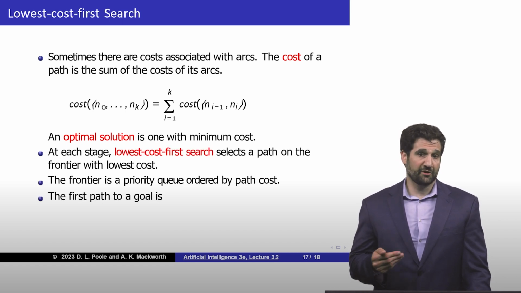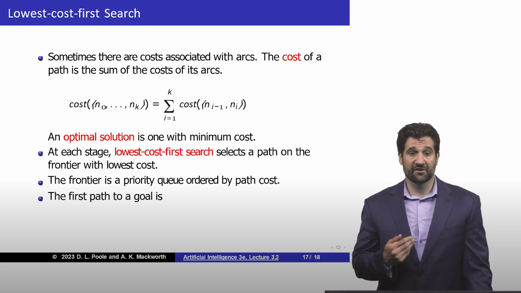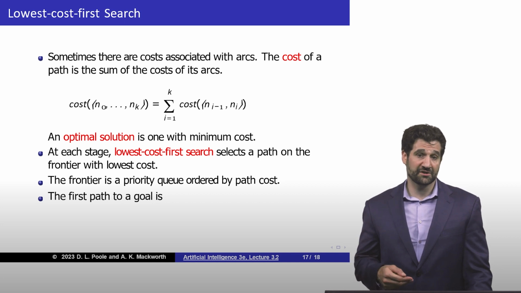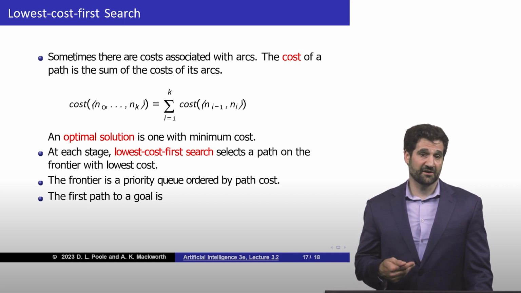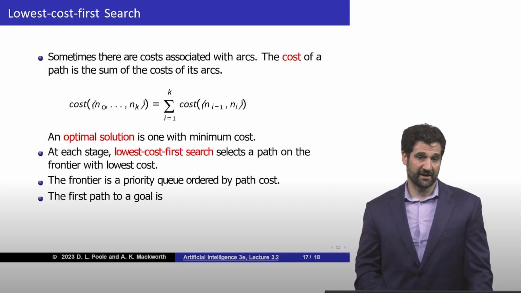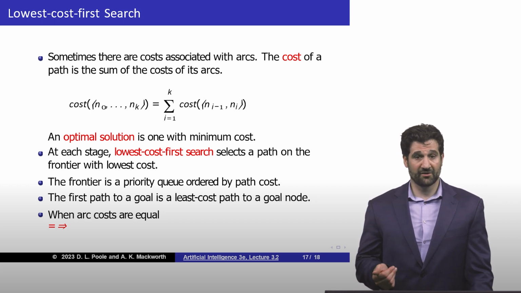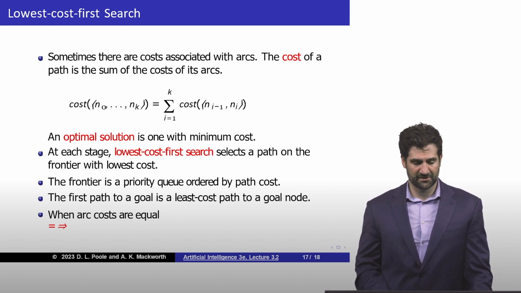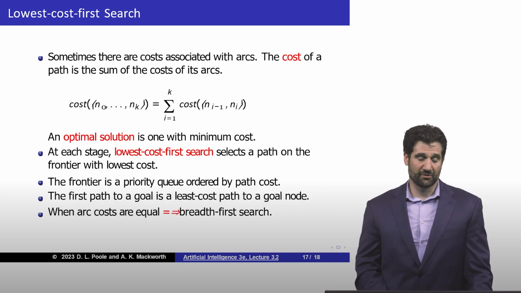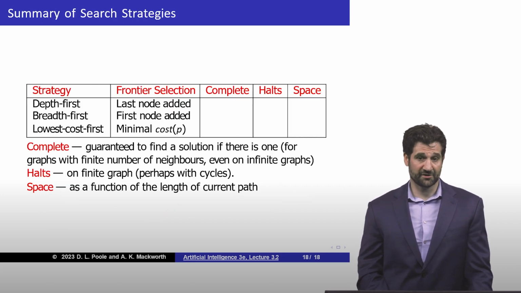With lowest-cost-first search, at each stage, select the path on the frontier that has the lowest overall cost. And the frontier, again, is a priority queue, but now it's ordered by cost instead of what was most recently added. And so the first path to the goal node is the one with the least cost. And when arcs are equal, then this reduces to breadth-first search.